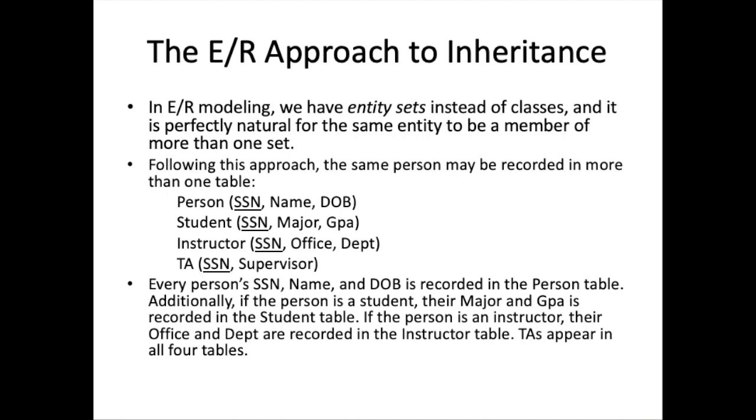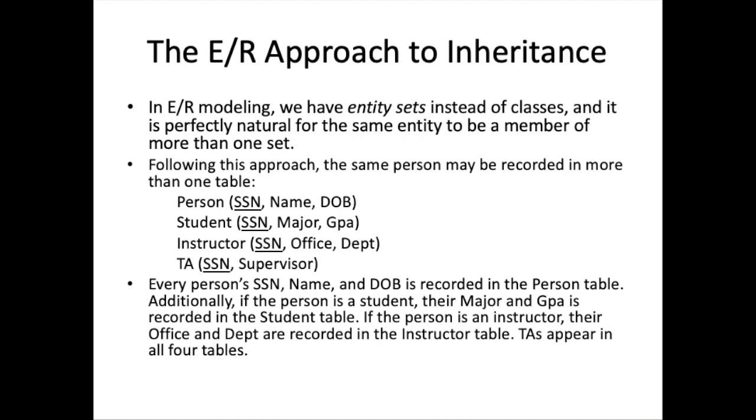And so following this approach, we might record the same person in more than one table. We're still going to have these 4 tables, but each table is only going to have the primary key attribute, social security number, and the attributes of that class, and not the inherited ones.